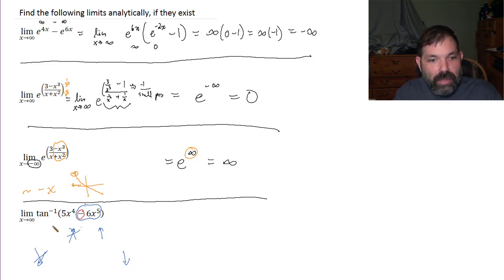So as I move far to the right, the limit as x approaches infinity is negative infinity. So this then becomes basically the arctangent at negative infinity, which is negative pi over 2.